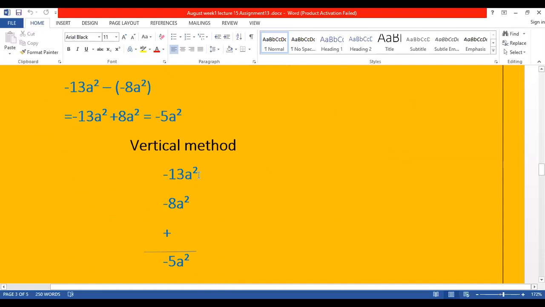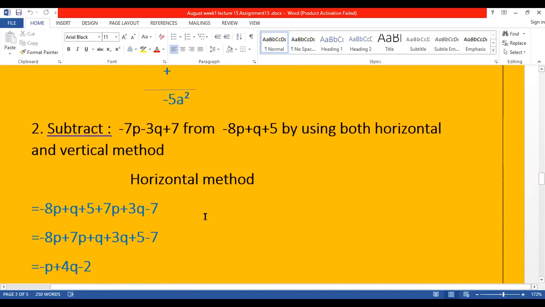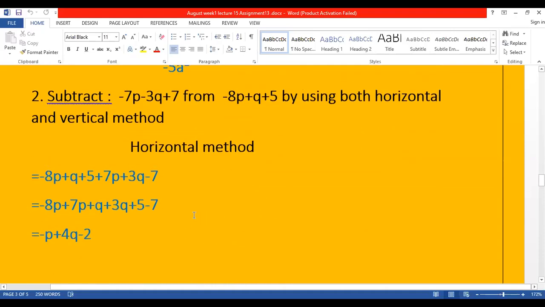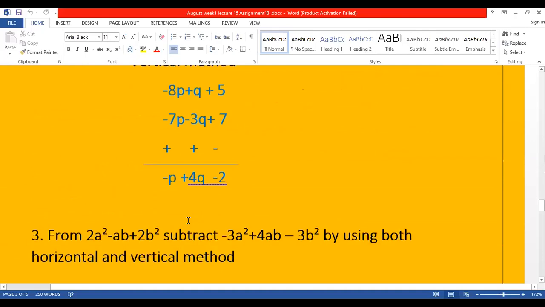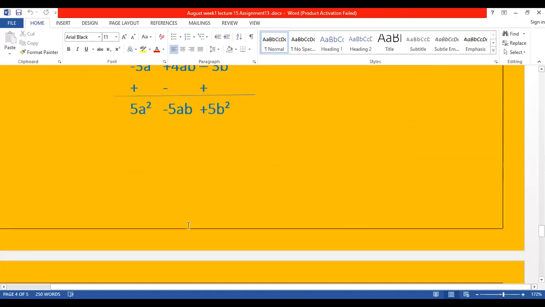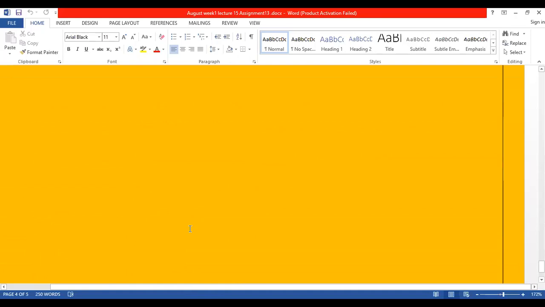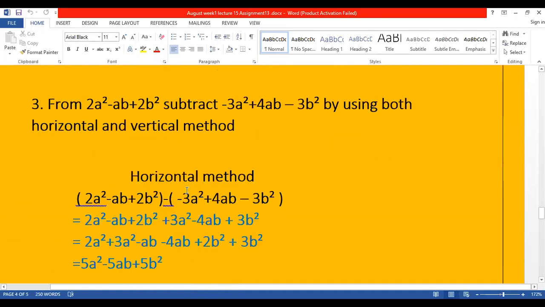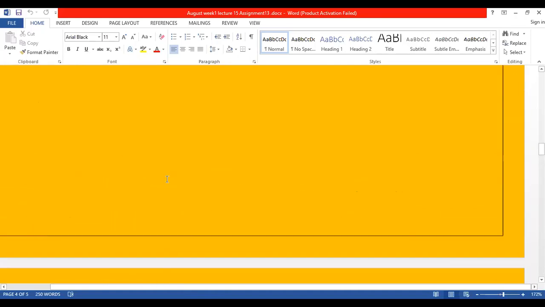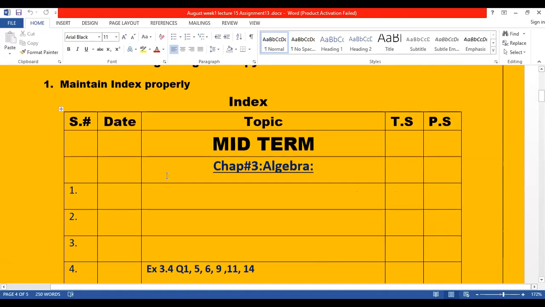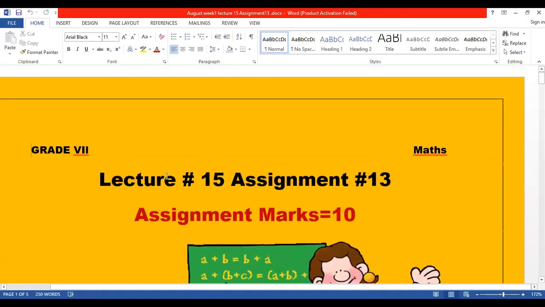Then write down the vertical method heading and then solve it. Is it clear, my dear? This is your assignment for algebra. You have to submit this assignment. Clear, everybody?